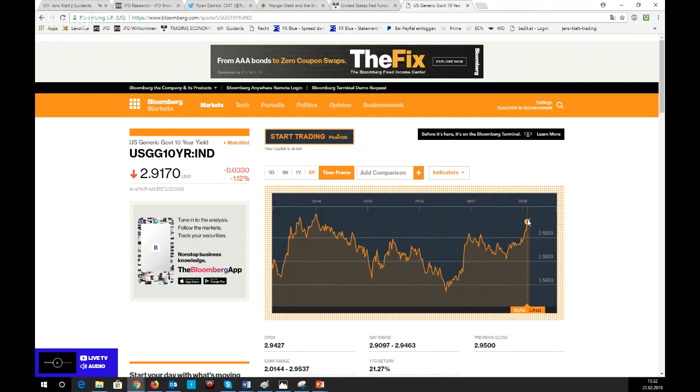Once nervousness hits the markets, this should usually result in a more aggressive unwind in carry trades. So this should usually result in higher volatility. So naturally, higher rates mean higher volatility.